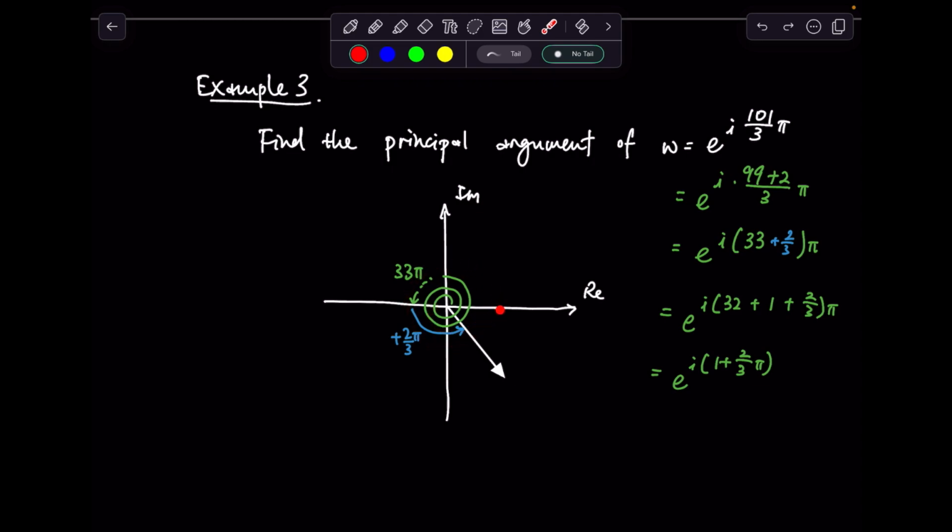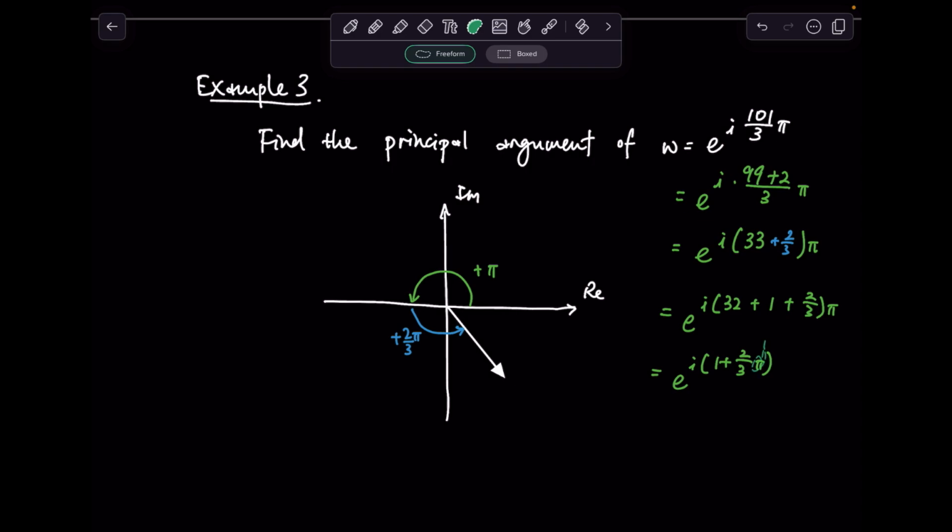So 32 pi is essentially doing nothing. So I'm just left with 1 plus 2/3 pi, which means instead of drawing this whole spiral of green arrows, I could have just reduced it to 1 pi, plus another 2/3 pi.